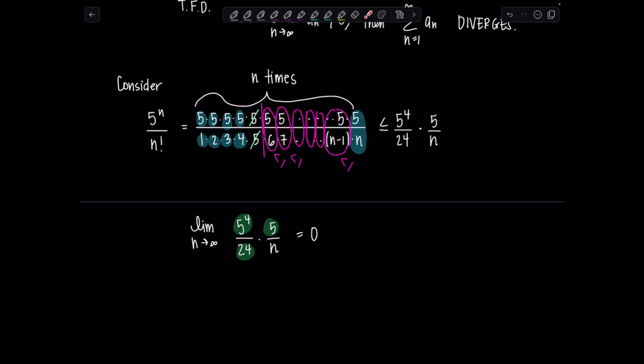And since I just showed that the terms that are part of the argument of cosine for our series, 5 to the n over n factorial, are smaller than this expression, this implies that the limit as n approaches infinity of 5 to the n over n factorial is 0 also. By comparison, basically, but it's not comparison test. I'm just working with the terms here. I'm not working with the series, okay?